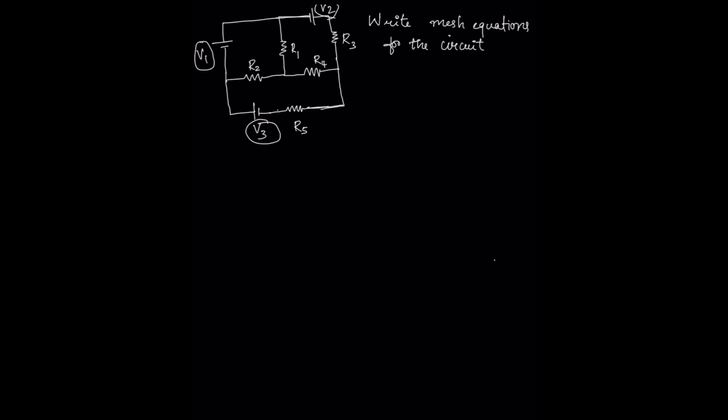So first our step is to identify the meshes. If we look at the circuit, we can see there are three meshes. First one is this, second one is this, and third one is this. Second step is to assign loop current. I already said that I am using clockwise loop currents throughout the subject.